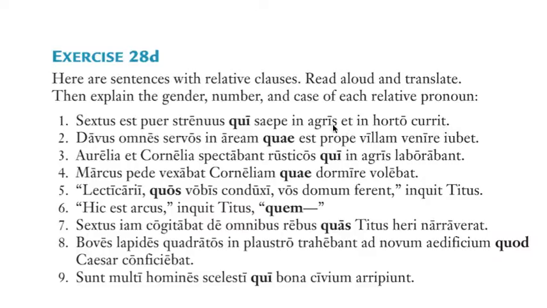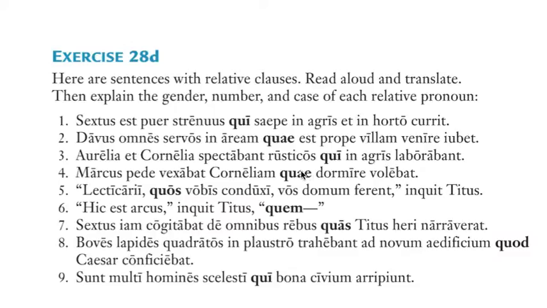We'll see how a relative pronoun can be another case inside another clause. But for right now, it's masculine and singular, like Sextus. He's a boy, he's masculine, and he's definitely singular. And in this clause, the qui is doing the action, therefore it is the subject of its clause, and therefore it is nominative. So we're going to say nominative, singular, and masculine.